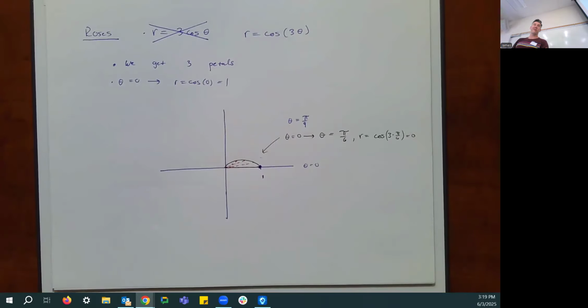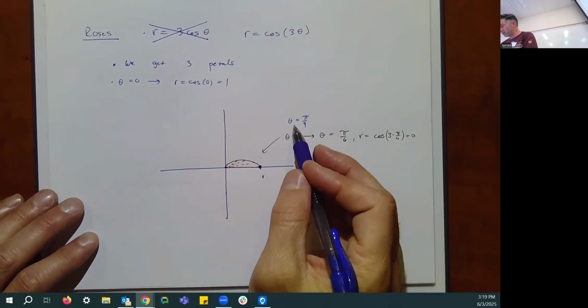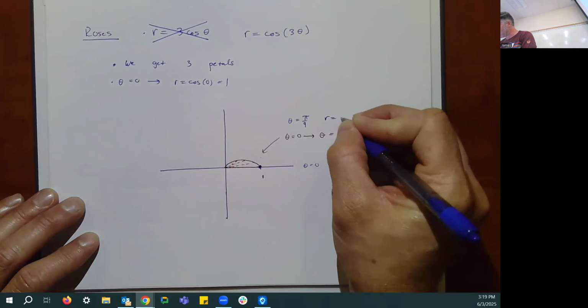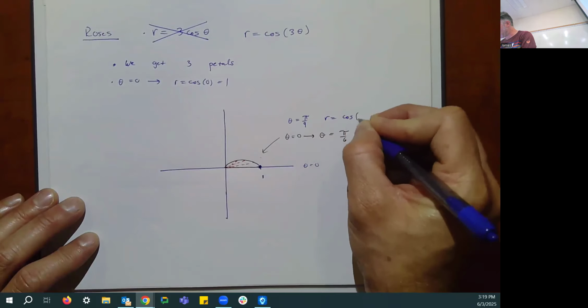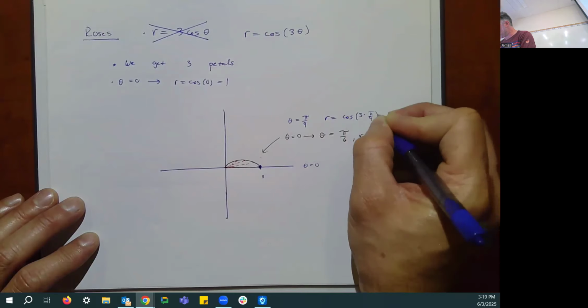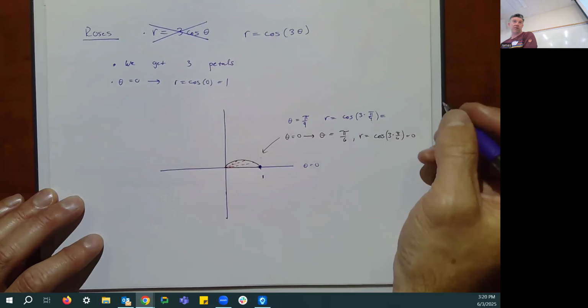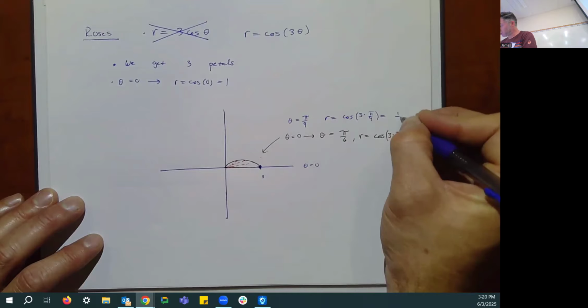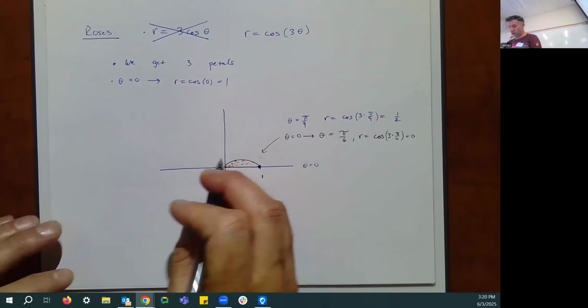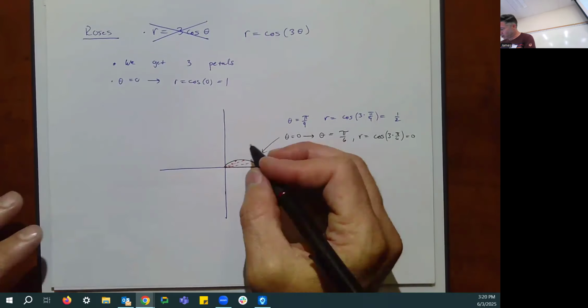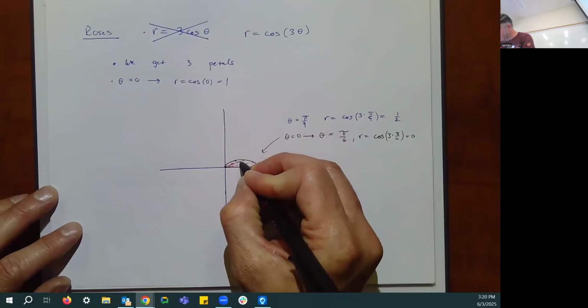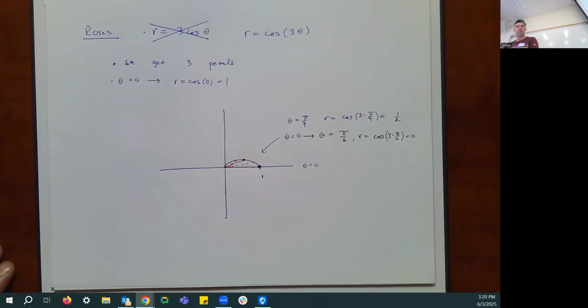So a 20-degree angle, pretty shallow. When theta is pi over 9, our r value is going to be cosine of 3 times pi over 9, which is cosine of pi over 3, which is 1/2. So at that shallow angle of pi over 9, we're going a distance of 1/2. That's kind of the idea.